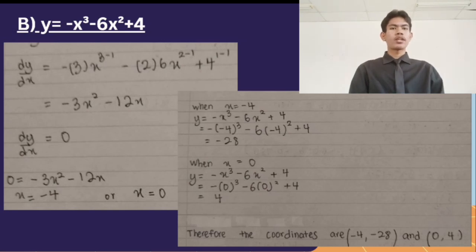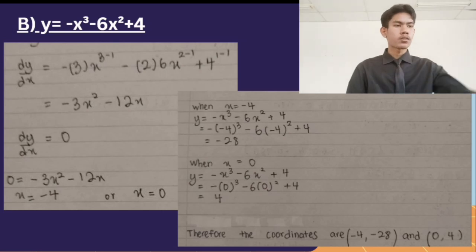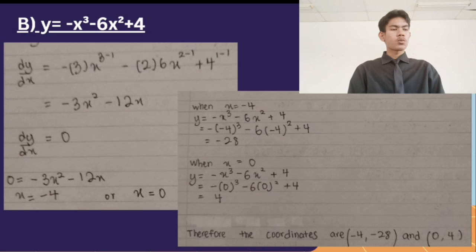Next, when s equals 0, y equals negative s to the power of 3 minus 6s to the power of 2 plus 4.